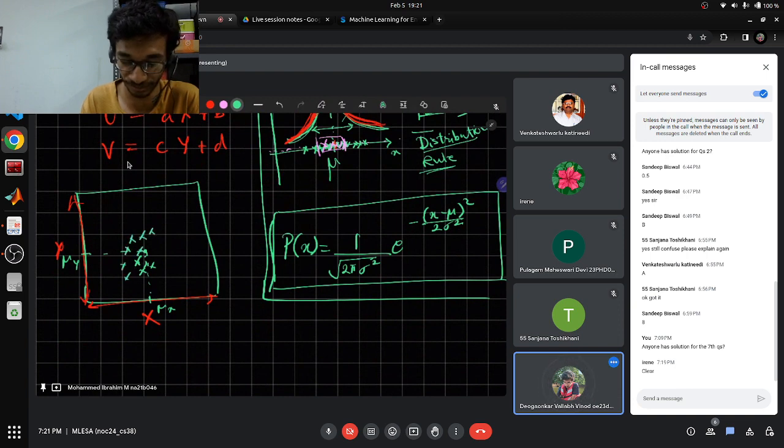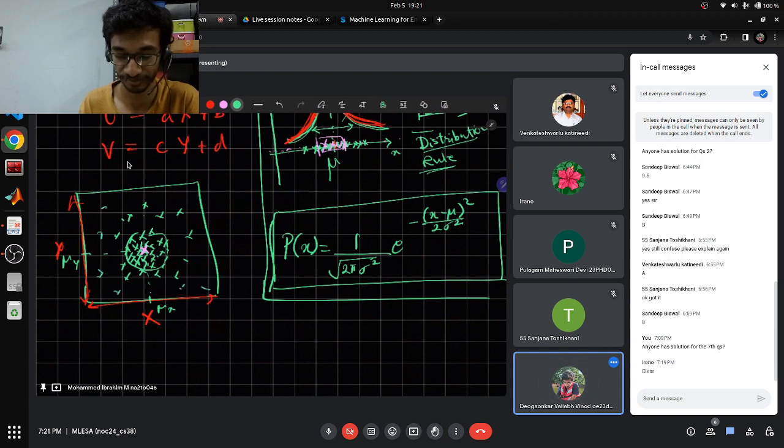Each of these are samples, and these samples are actually two numbers, and this being a Gaussian distribution means that there is going to be more density of these samples close to this mean point, which was mu x comma mu y, and as you go farther and farther away from this mean point, it's going to be less frequent.